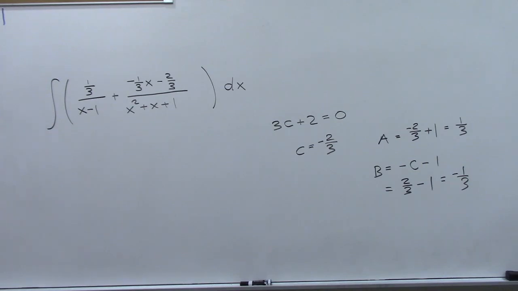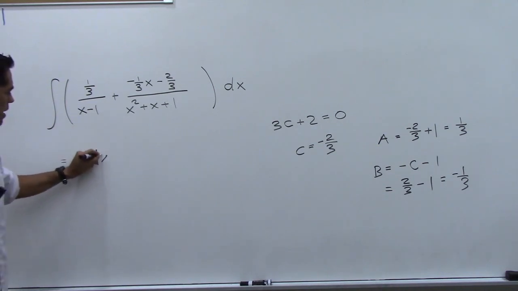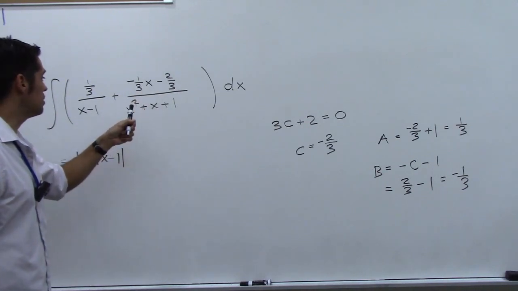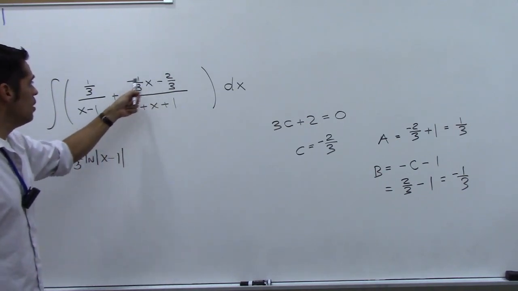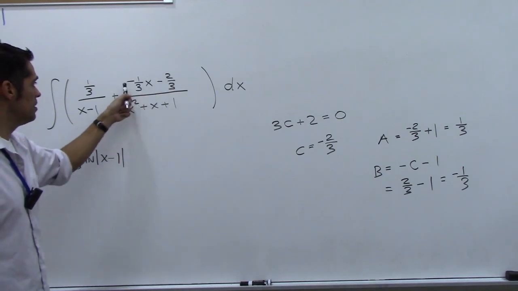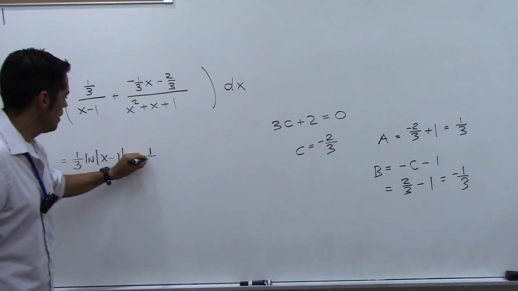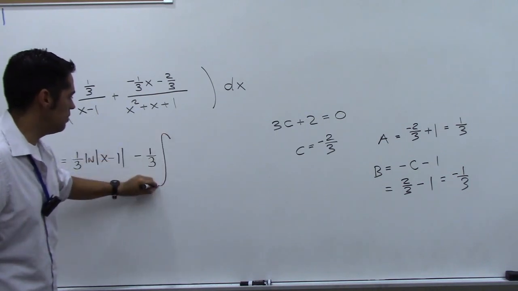So at this point, this one's going to be easy to integrate. This is just 1/3 comes out, natural log x minus 1. And this one's going to be a little harder, so let me do a couple of things here. I'm going to factor negative 1/3 out of this. Now remember we have not integrated, so the integral's still there.